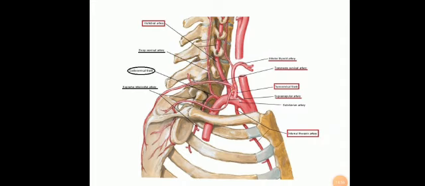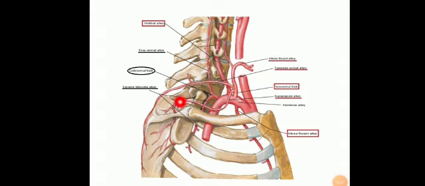Inferior thyroid artery supplies the thyroid gland and larynx, and also divides into transverse cervical artery, which supplies the muscles in the lateral triangle of the neck, posterior triangle of the neck, and suprascapular artery.